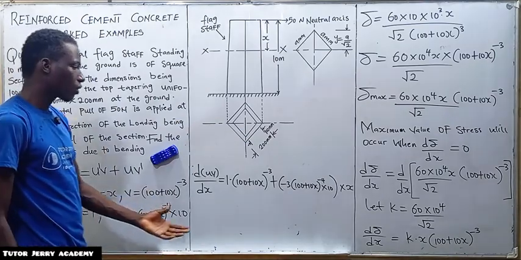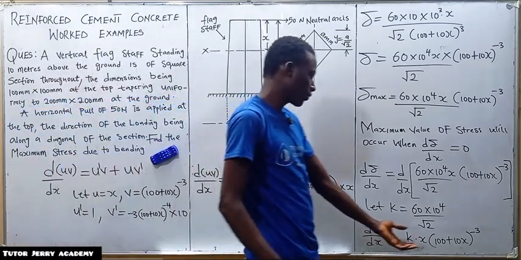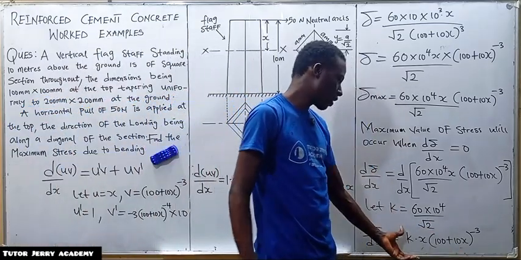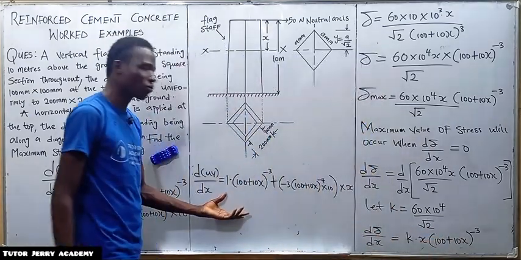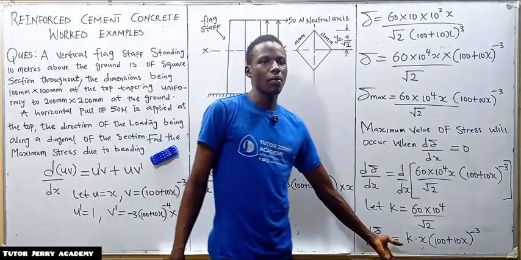Don't forget I told you we are differentiating this part, taking k as a constant. So we are going to be replacing the differential of what we have here into our equation.